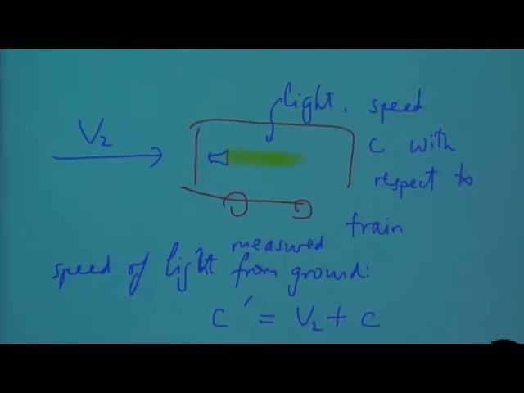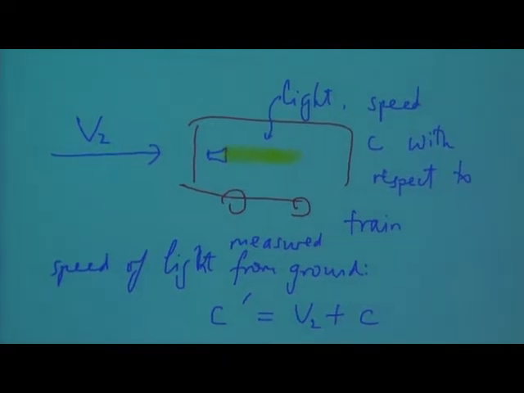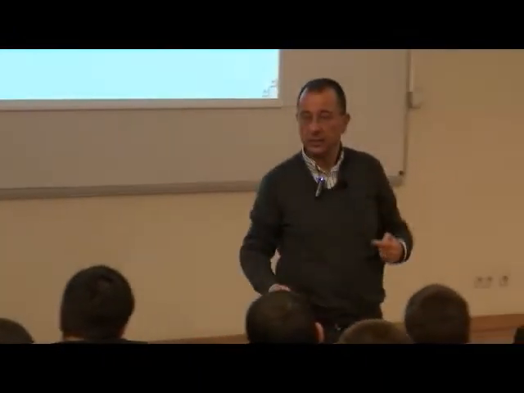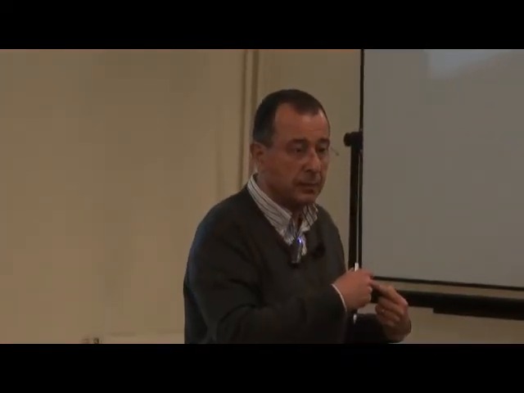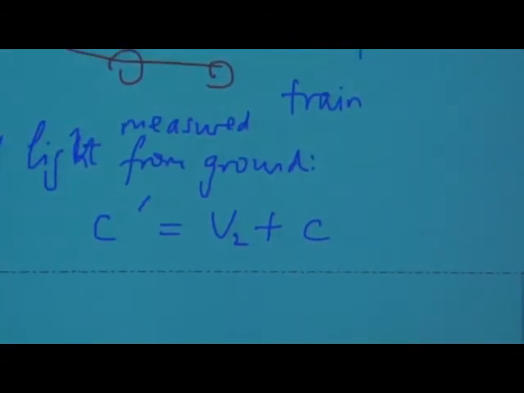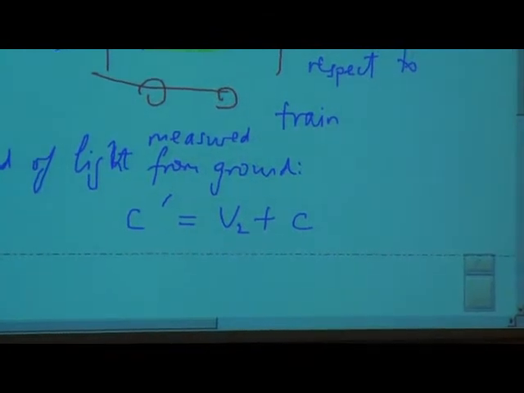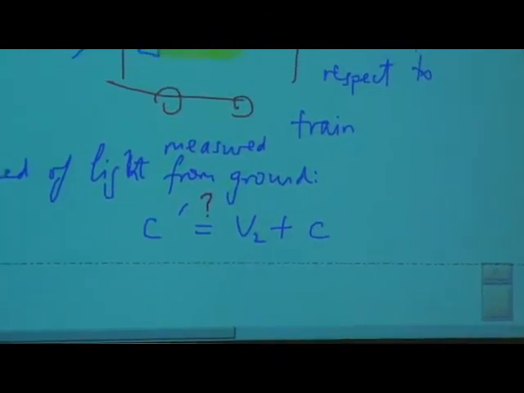Based on our previous experiences, I'm making a prediction, a guess. I'm saying, okay, in this case, if the object moving in the train is light, and its speed there is c, the guy outside will see the speed of light as c plus v2. This is my guess. And then the next part of the scientific method, I ask, is this true? How do I ask?